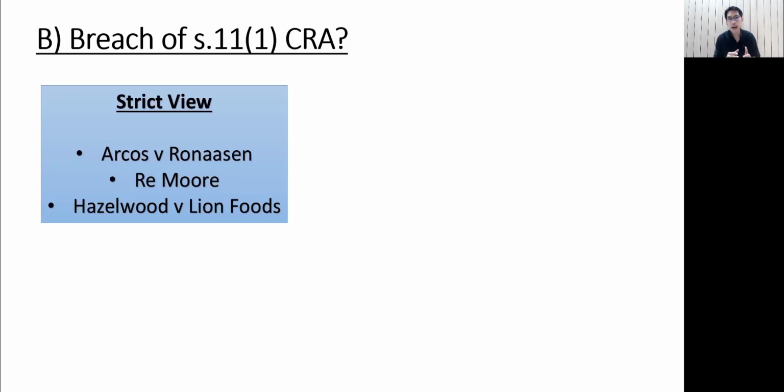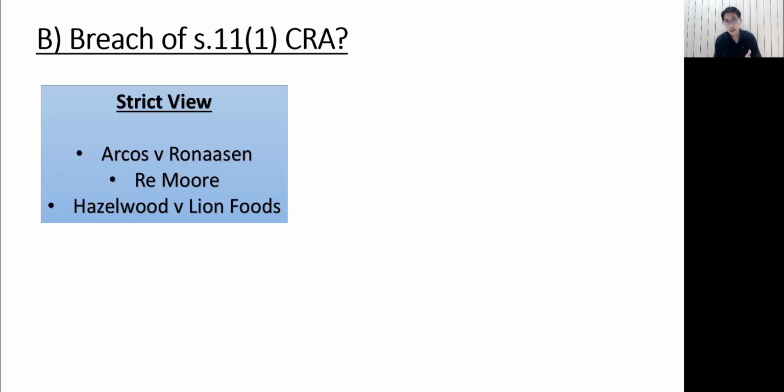In fact, barely noticeable to the naked eye. 1/16 difference of an inch. How would you know? You can't even see it with the naked eye unless you measure. And so it's a very microscopic difference. But this is why we call this the strict view, where the court said that you must comply exactly with the description. Do we use this standard or test?